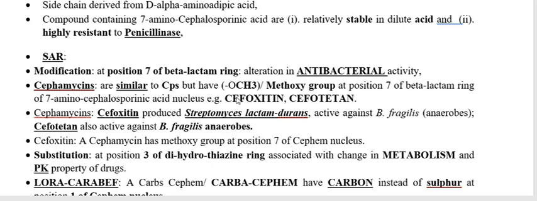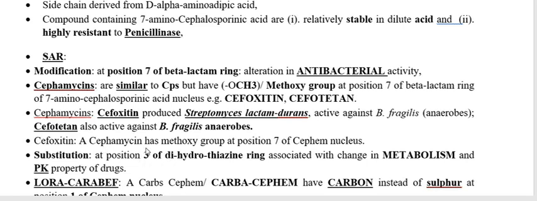So both cefoxitin as well as cefotetan act against anaerobes like Bacteroides fragilis. So this is a very important antibacterial activity that cefamycin possesses.